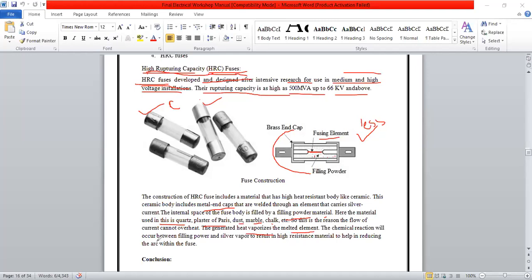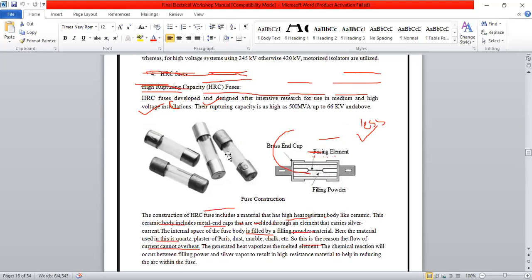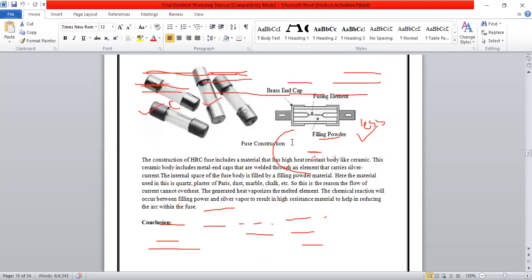A chemical reaction occurs between the filling powder and the silver vapor, resulting in a high resistance material that helps in reducing the arc within the fuse. म्हणजे ज्यावेळेस फ्यूज मेल्ट होते, at that situation some arc will be produced. This material helps to quench the arc. So this is the HRC type of fuse, which is used as switchgear equipment to provide protection to the equipment as well as the circuit. See, these are the different types of switchgear equipment: MCB, MCCB, ELCB, then HRC fuse.